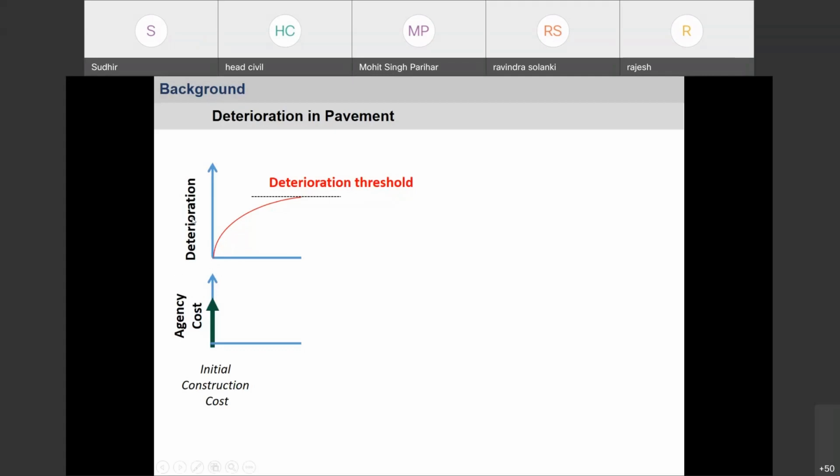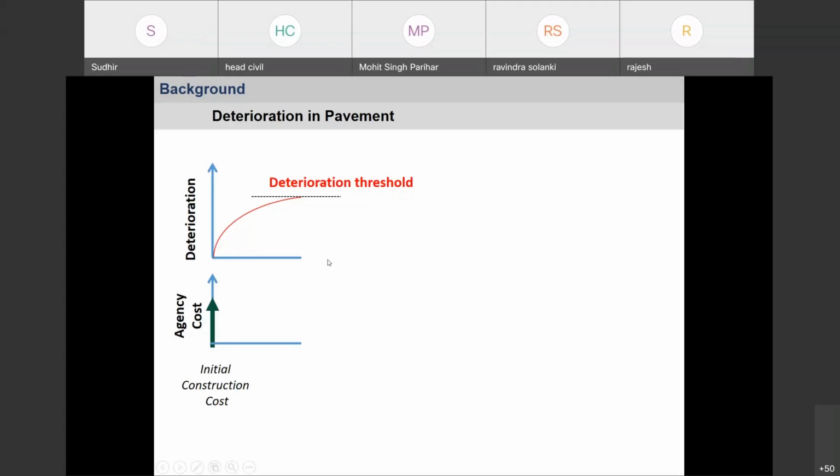So it is this time where the transportation agency or the government agency responsible for this road had invested capital for construction of this road. Okay. So you have this road constructed with investment from the transportation agency, which has now started to deteriorate.